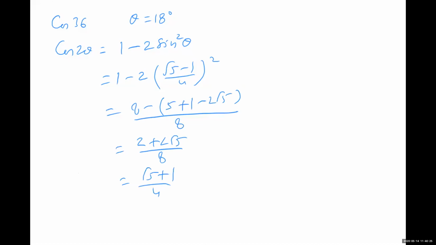So cos 36 is equal to sin 54 degree. So now we have calculated so many angles. After this, you can easily calculate sin 36 also.